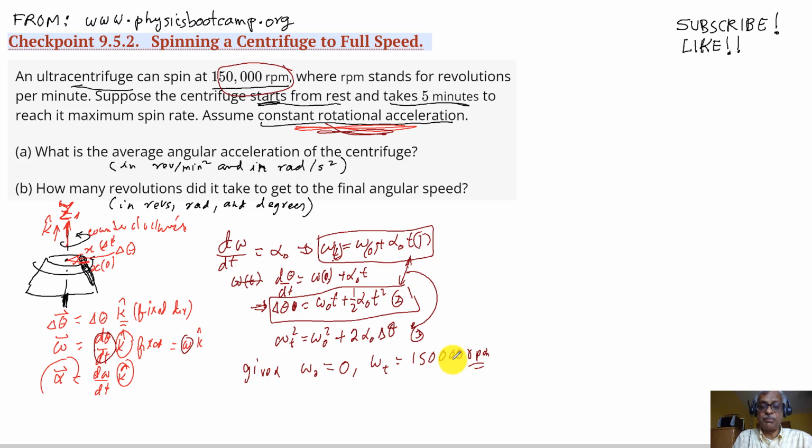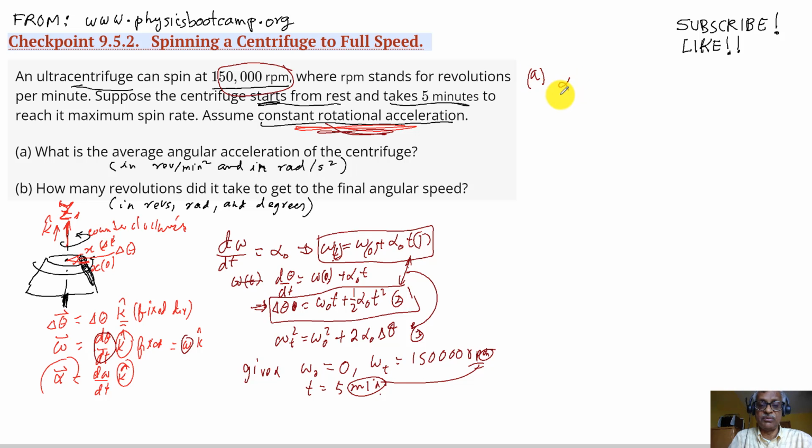I'll just keep it in RPM first. Also given is the time taken, 5 minutes. So this minute and this minute are the same, so I just keep everything like this. No need to change units. The first thing to find for A is the angular acceleration.